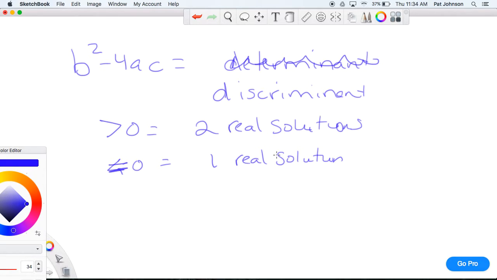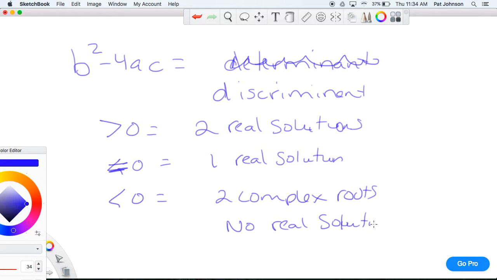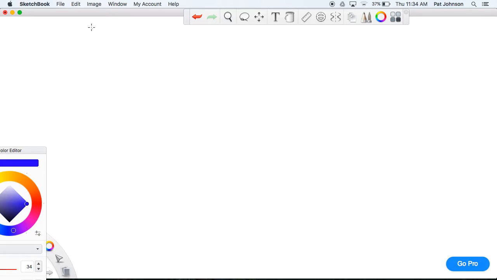And if it is less than 0, meaning it's negative under the radical sign, we're going to have 2 complex roots, or we can say no real solution. So let's use our discriminant to figure out what types of solutions we're going to have.